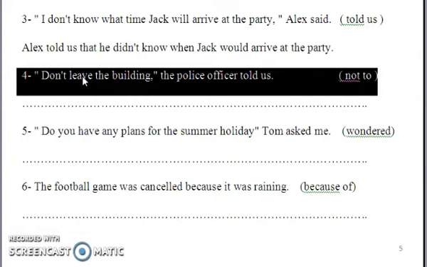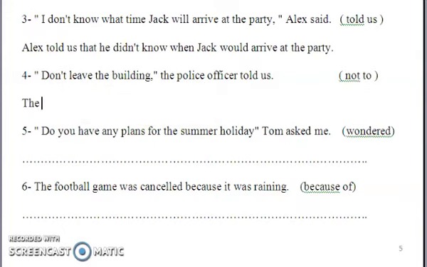So, the police officer told us or warned us or ordered us or even advised us not to leave the building. Very easy.